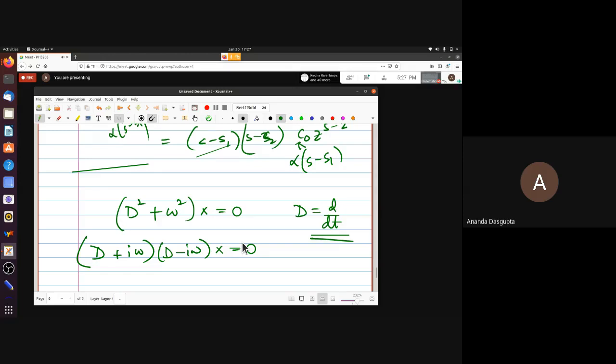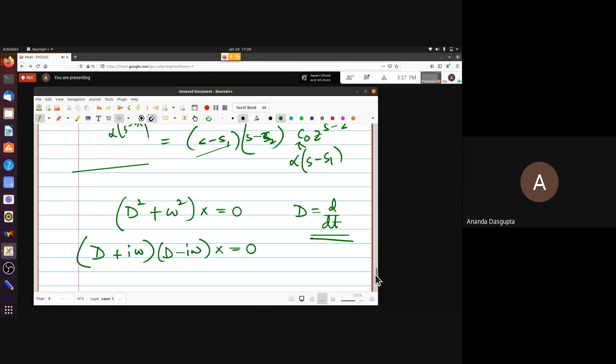So basically what you have done is you have factorized the differential equation. In this case, it was easy to do because the coefficients were constants. If the coefficients are variable, then factorization becomes very, very difficult.